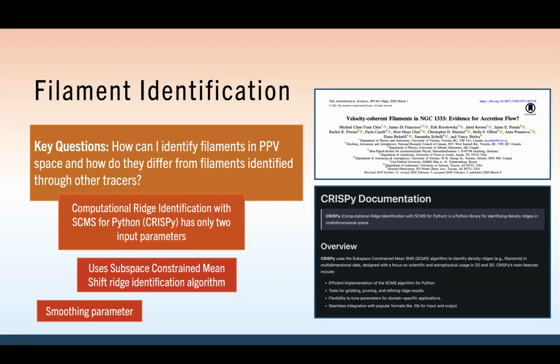So these 2 are a smoothing parameter where you put in spatially how much you'd like to smooth over. So in this case, I'm again using 3 pixels for that Nyquist sampling of half a beam size. And then a minimum density threshold, which is, in this case, going to be a minimum intensity threshold.